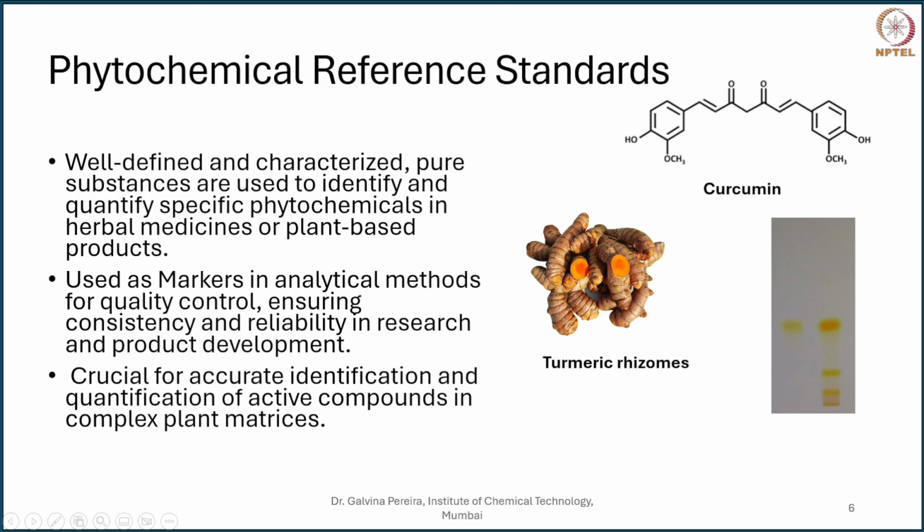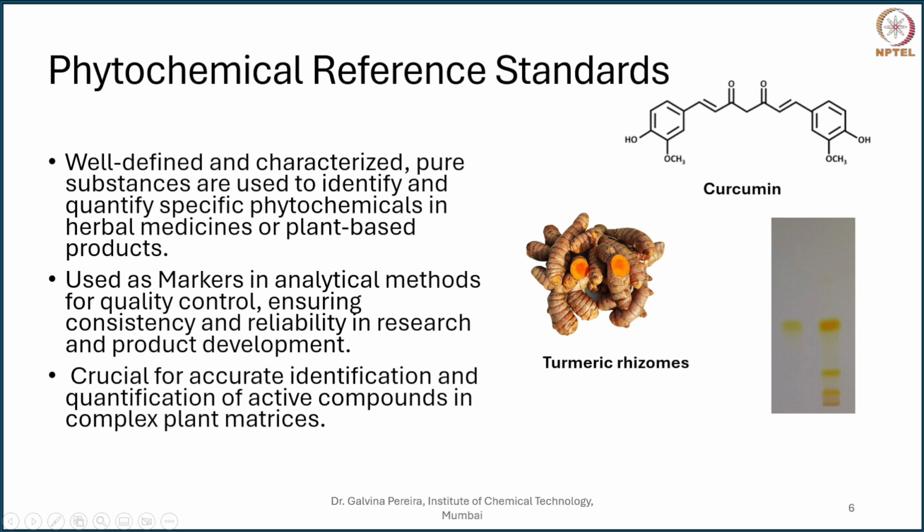Now these standards are also important for identification. Imagine somebody is trying to sell me some other yellow-colored root, calling it Curcuma. When I do a simple test called thin layer chromatography with the curcumin standard, and I see a spot matching at the same Rf, I know definitely that the yellow-colored drug has curcuminoids.